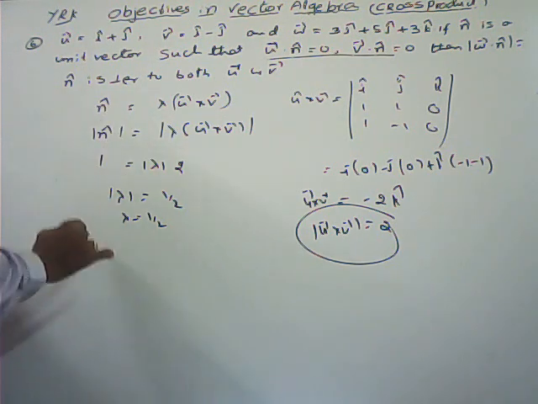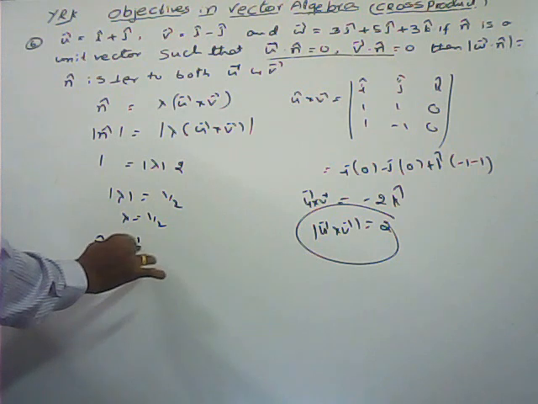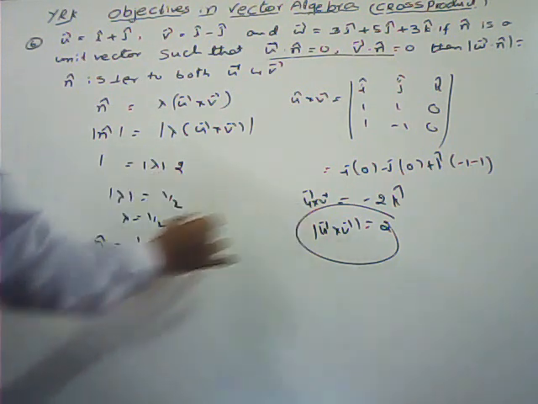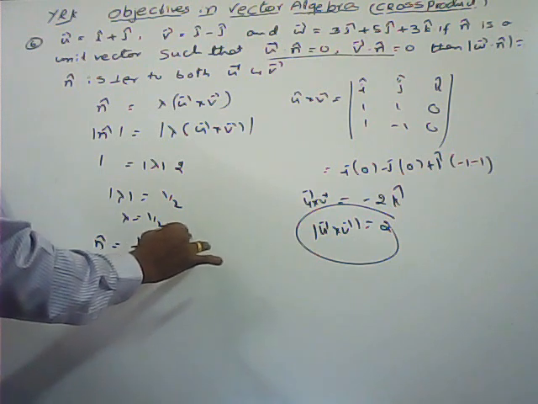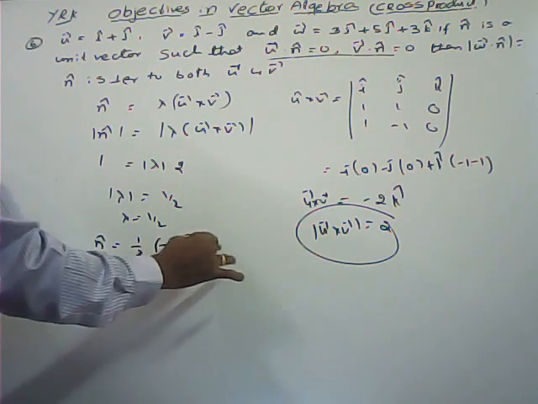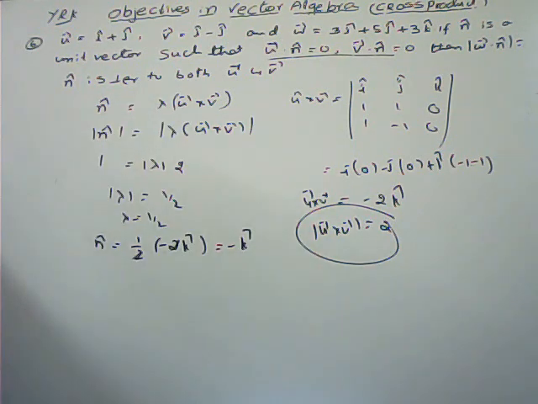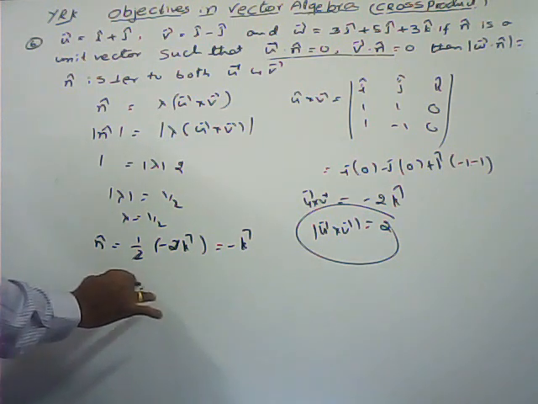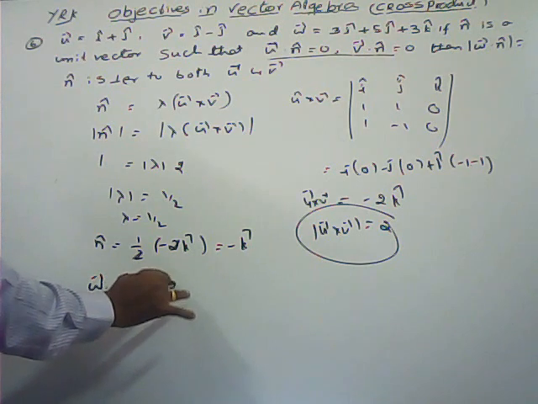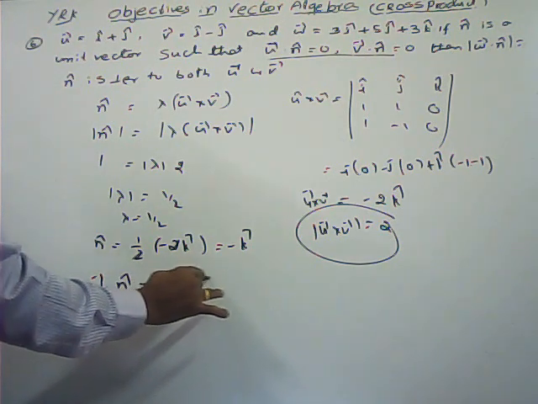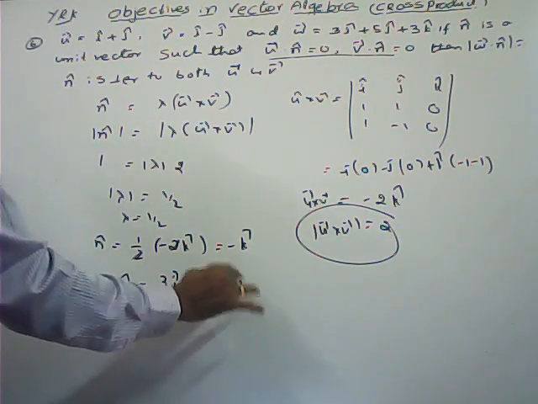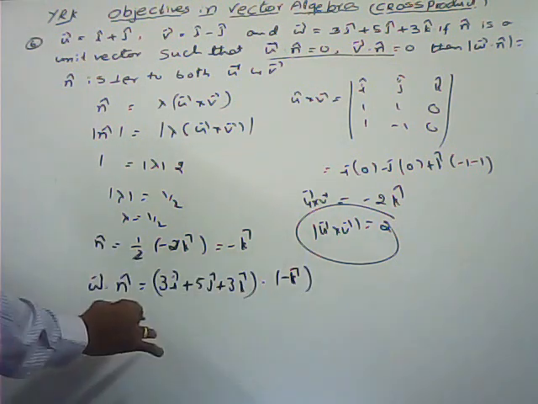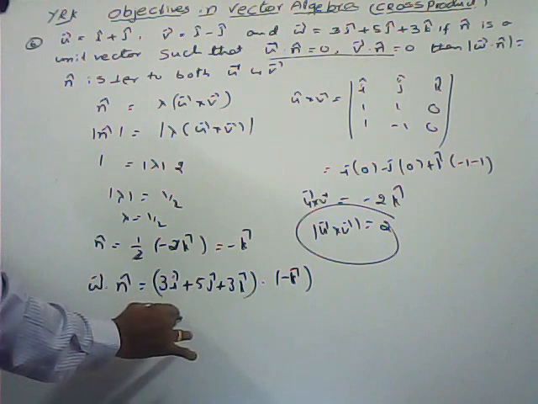So here n bar is equal to n cap, that is equal to 1 by 2 times u bar cross v bar, already we got minus 2 k cap. Here the 2 gets cancelled, giving minus k cap. Now w bar dot n cap is equal to 3 i cap plus 5 j cap plus 3 k cap dot minus k cap, that is equal to minus 3.